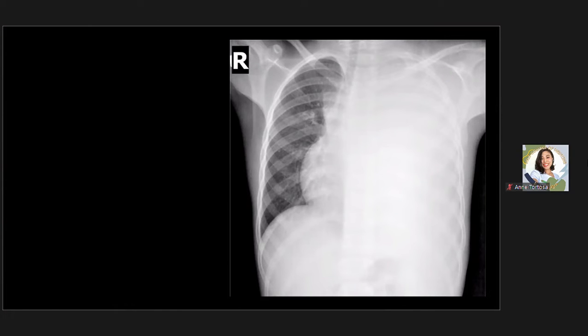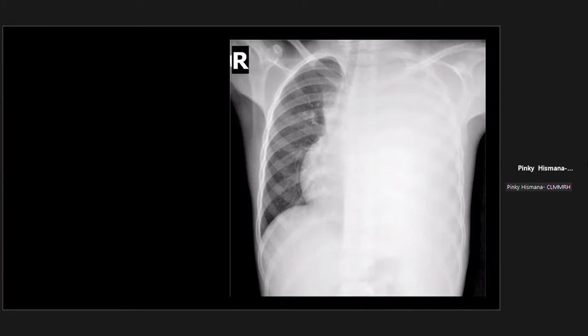If you notice, there's contralateral deviation. The fluid is occupying the left hemithorax. That's why it's pushing the heart, the mediastinal structures and trachea away from that area filled with fluid. Actually, this can also happen in very large mass lesions.